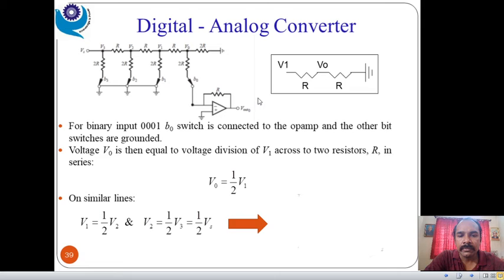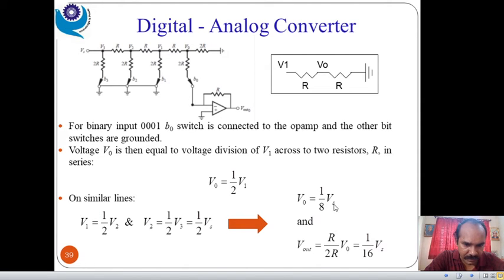Finally we get V0 is equal to 1 upon 8 Vs, and the final output we get over here, V out, is equal to R upon 2R V0. So R and R get cancelled, and we get 1 upon 16 of Vs.